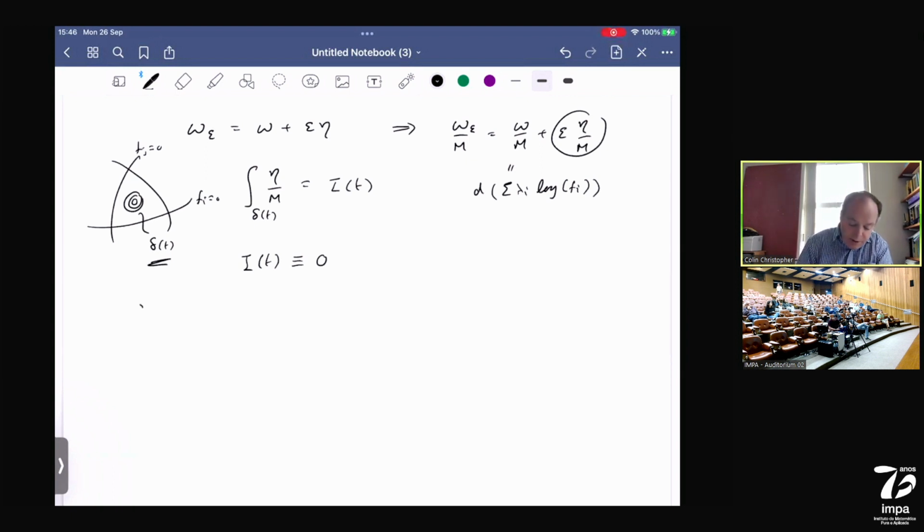And then we also mentioned three generic assumptions. The first one is that the f_i equals 0, the algebraic curves, together with the line at infinity, form a normal crossing divisor. In other words, each of the curves itself are smooth, and where they intersect, they intersect transversely.